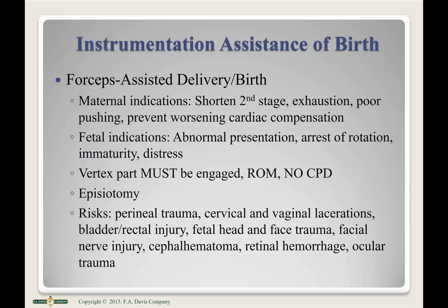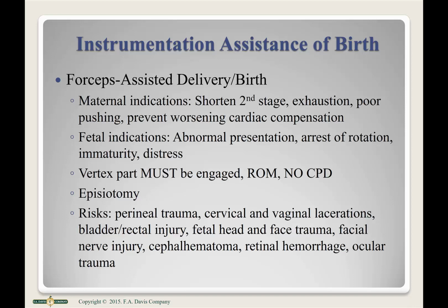And one of the things is we have a baby that's having some really bad heart rates. We know that mom's pushing, but it looks like mom's going to be pushing for another, I don't know, 10, 15, 30 minutes. And we don't feel like baby has that much time. We need to get that baby out in a few minutes. So we'll use forceps or the vacuum to do that.